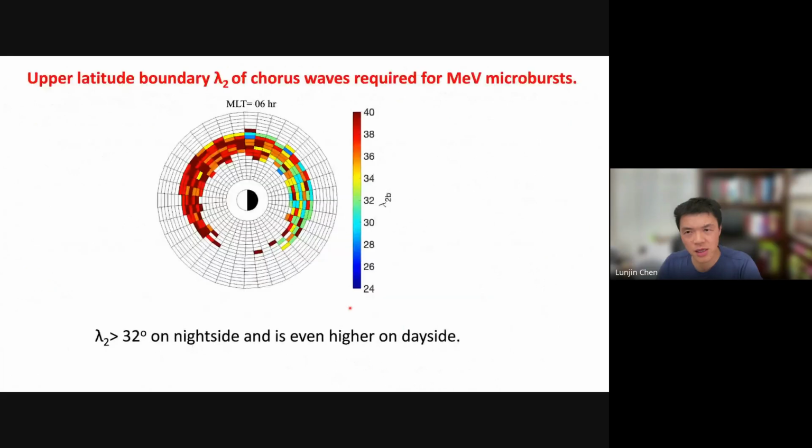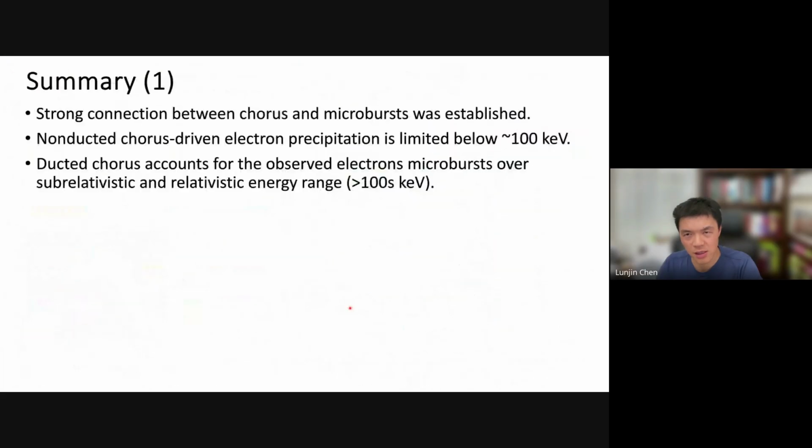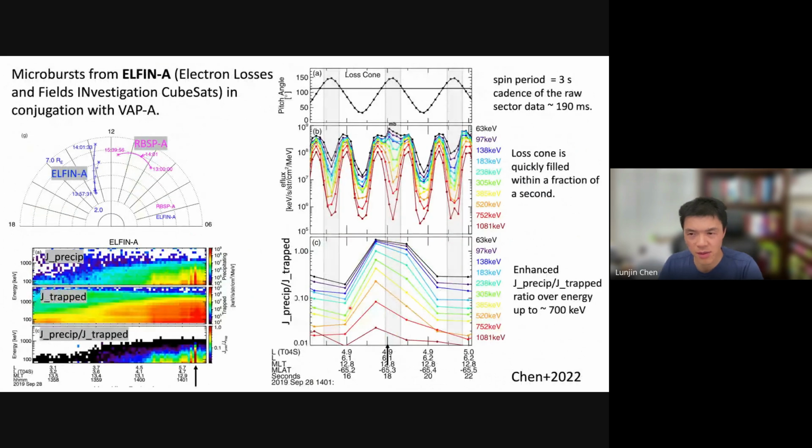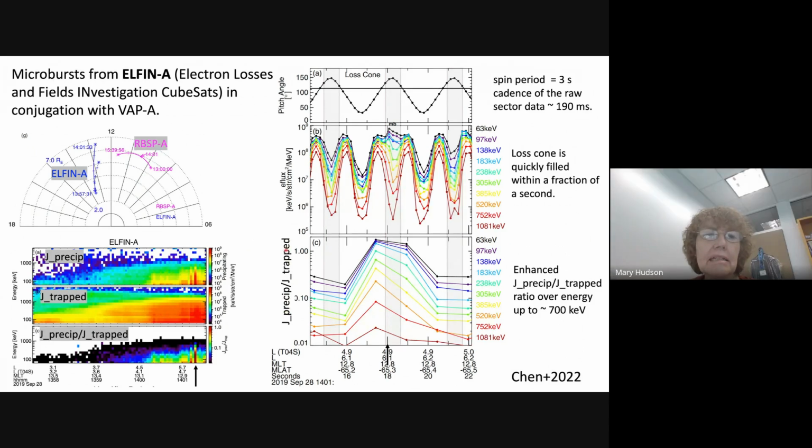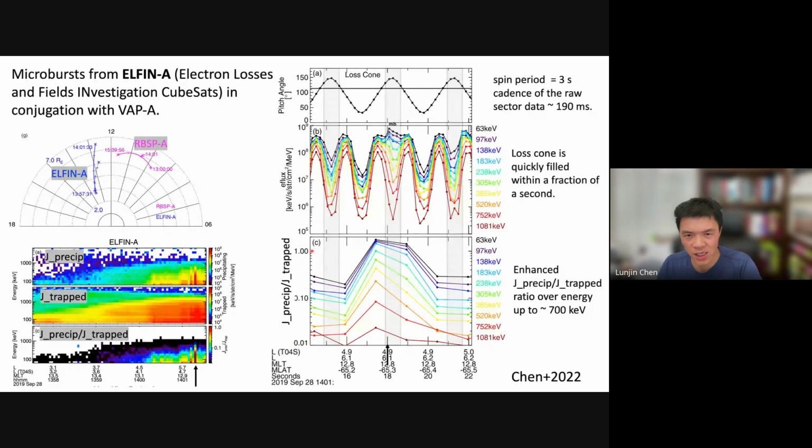So this one maybe. This is the precipitation flux, meaning the flux inside the loss cone, and the flux outside the loss cone. And this value is 1 here.